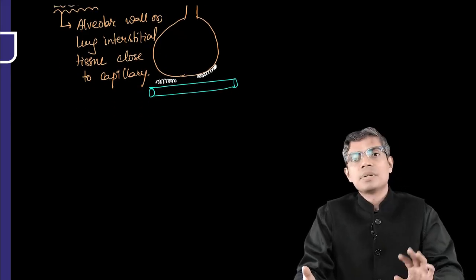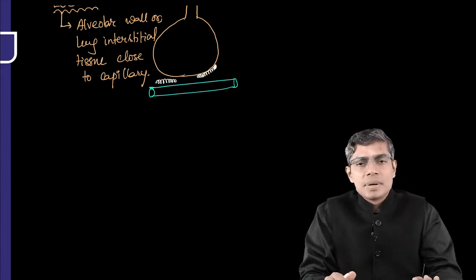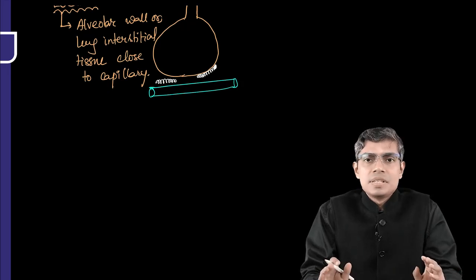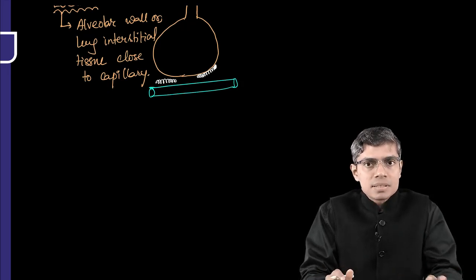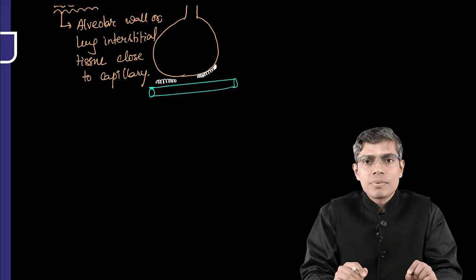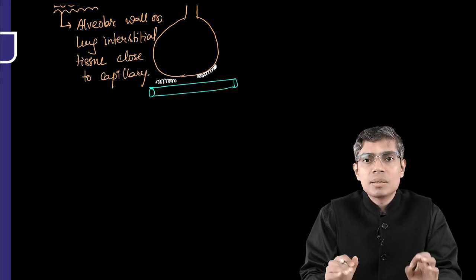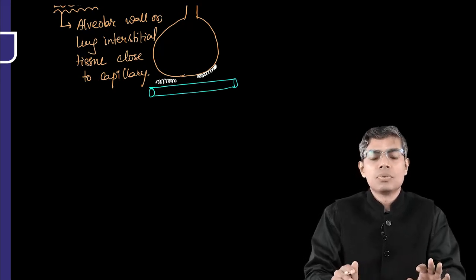Now remember, J receptors are never activated by physiological stimuli. J receptor activation means all the stimuli are pathological stimuli. So it has no role in your resting breathing or eupneic breathing, normal breathing. The J receptor has no role.